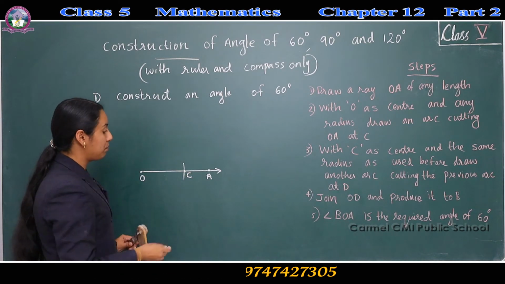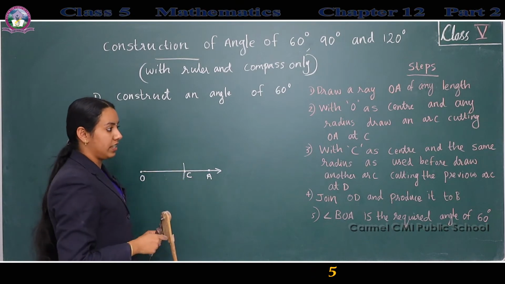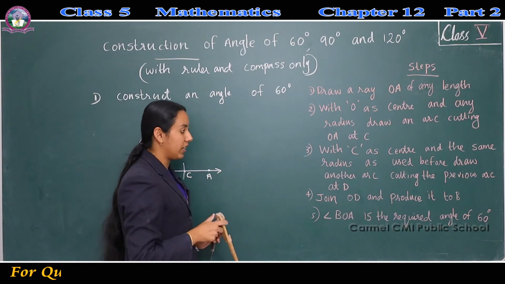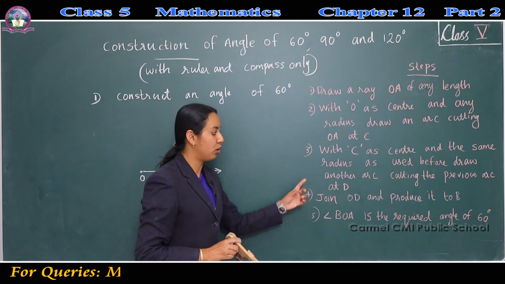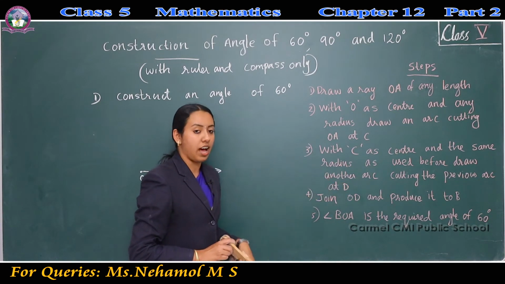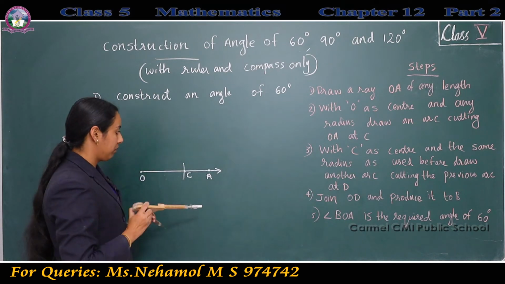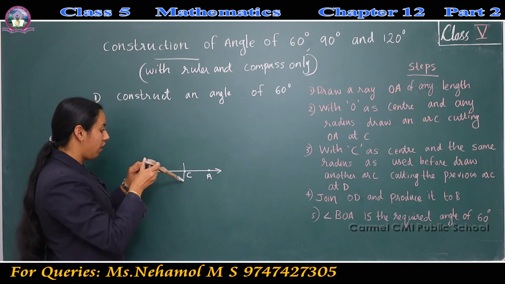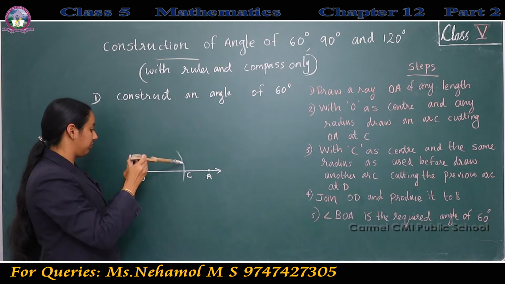The next step, with C as center and the same radius as used before, draw another arc cutting the previous arc at D. That means first we have to draw an arc.